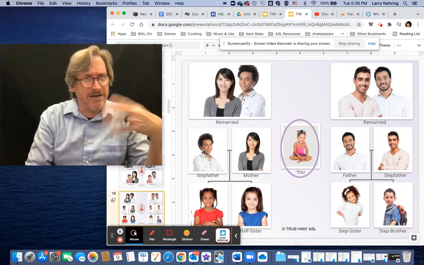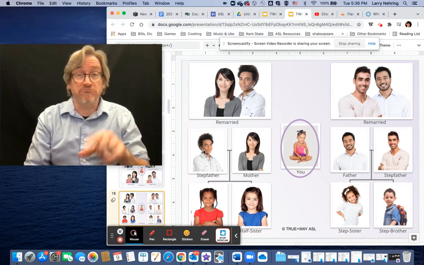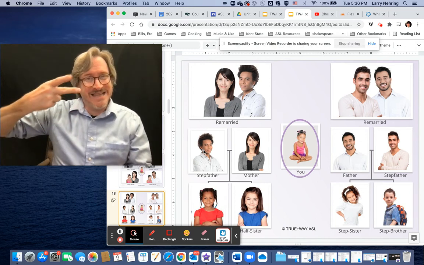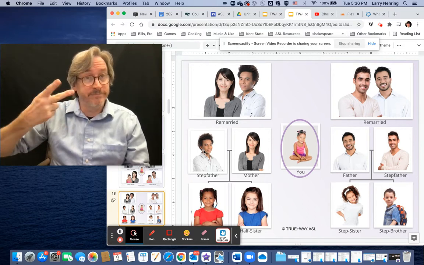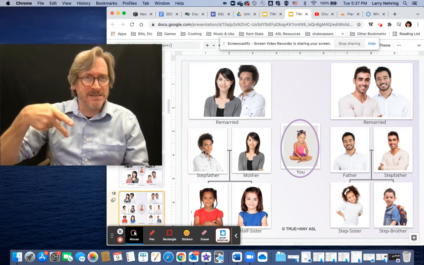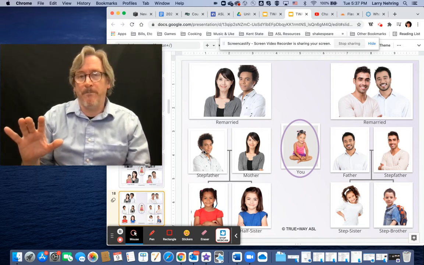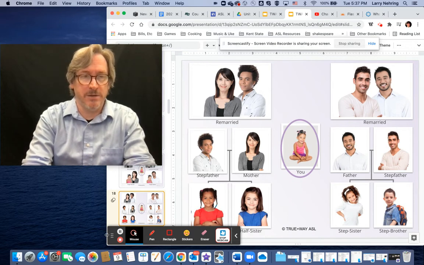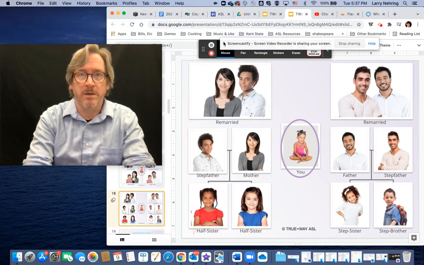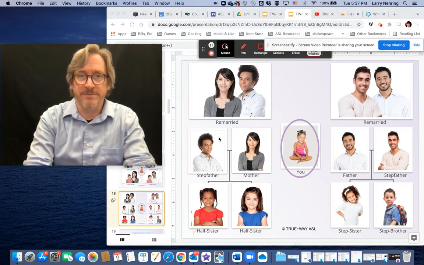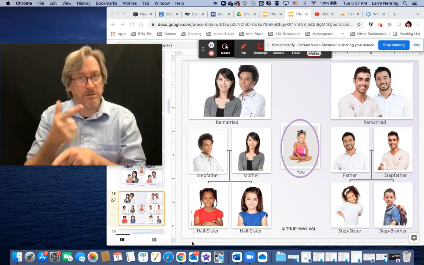Take a look at the what's the sign for variations. Stepfather, stepmother, step. Some people will spell it step. Second. Oh, I can't see what that is. Hold on a second. Let me move this. Okay. Too many little screens. Half sister, half brother, half.